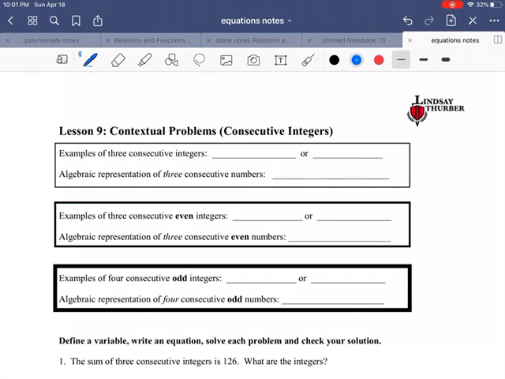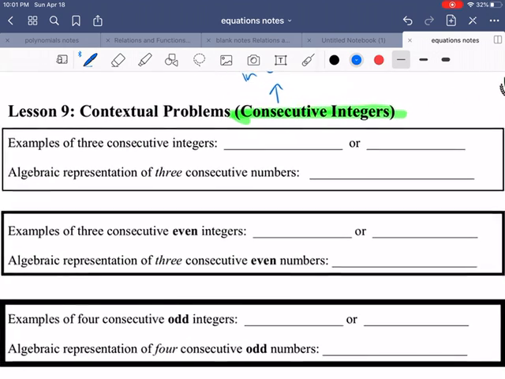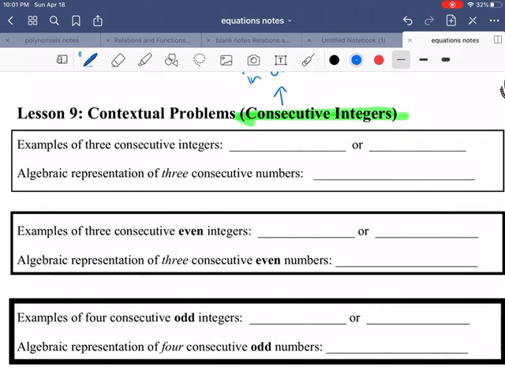All right, word problems, contextual problems, specifically consecutive integers. So integers are counting numbers, and consecutive means in a row. Examples of 3 consecutive integers, the most basic ones, 1, 2, 3, or if you started at 16, the next integer would be 17, and the next integer would be 18.